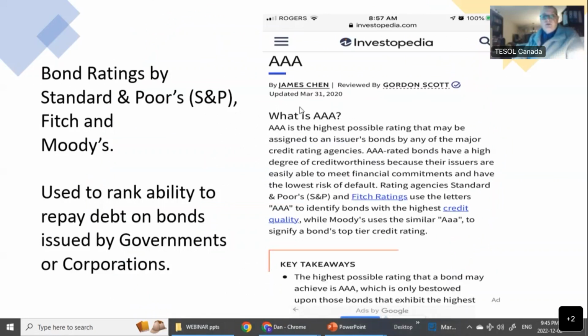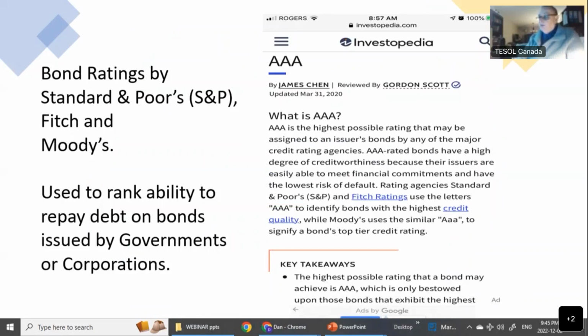Then we get into what are bond ratings. So Standard and Poor's, Fitch and Moody's, these are different companies that apply bond ratings to governments and to companies.